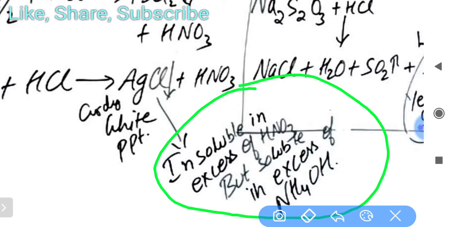It is related to a previous chapter. When we talk about silver chloride, it is insoluble in excess of HNO3. But when an excess amount of ammonium hydroxide is given, it is soluble. So you have to keep that in mind.